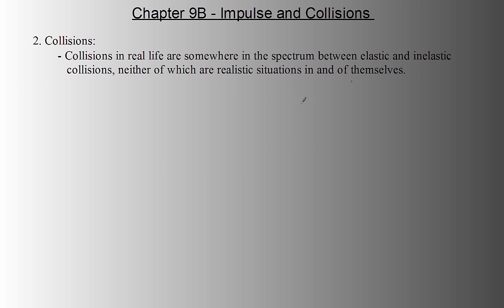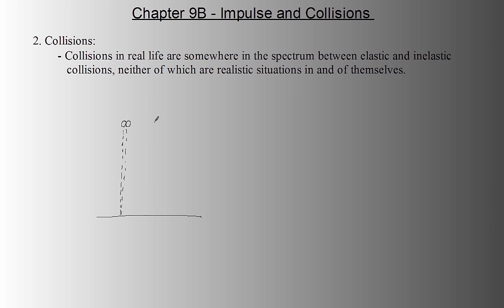Got one more slide. Basically, I've said this multiple times already, in this video and the past video. Collisions in real life are not purely inelastic or purely elastic. They're actually somewhere in between. So when you have a ball that you drop from this height, in a purely elastic collision, the ball would bounce back up to the same height.